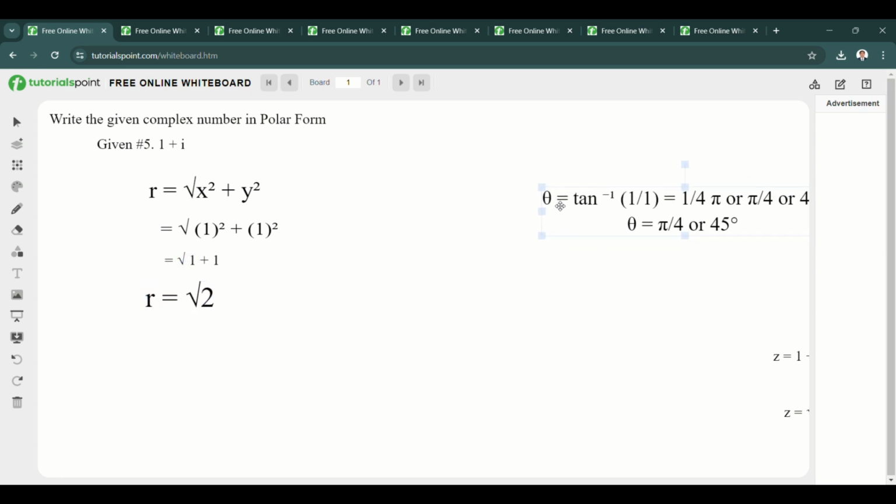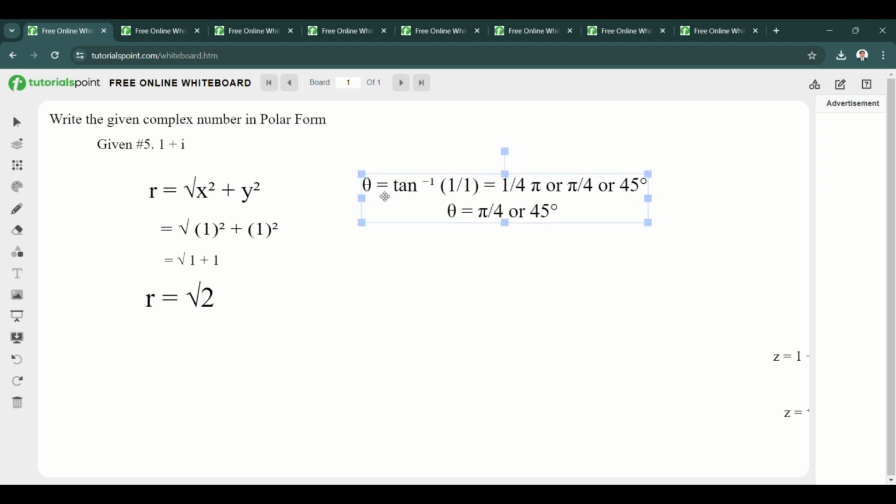So next we need to find the value of theta, which is the arctangent of 1 over 1, which is equal to pi over 4, or 45 degrees. So theta is now pi over 4 or 45 degrees.